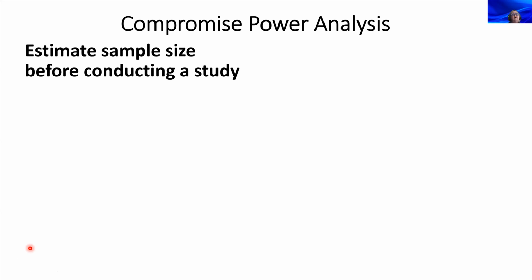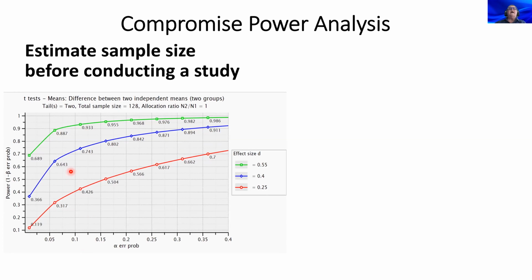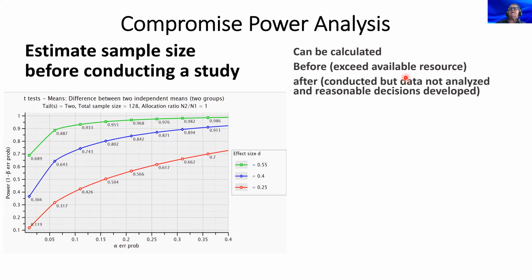Now, the other power analysis is that of compromised power analysis. With compromised power analysis, we're going to estimate the sample size before conducting the study. It can be calculated before, and we don't have to exceed any available resources.